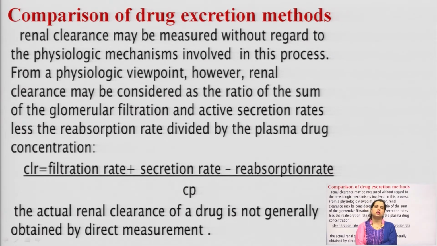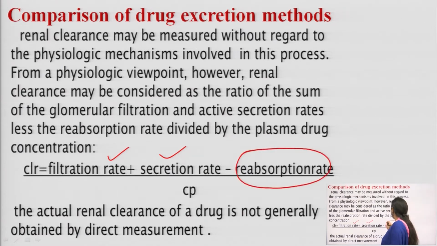When we discuss the physiologic viewpoint, renal clearance involves three different biologic functions: filtration rate, secretion rate, and reabsorption rate, divided by blood plasma concentration. So, the formula will be CLR = (filtration rate + secretion rate - reabsorption rate) / Cp.